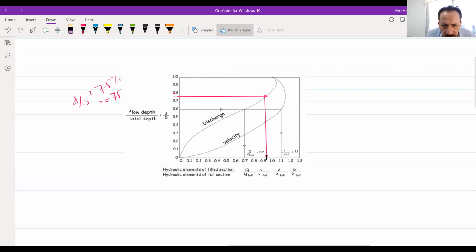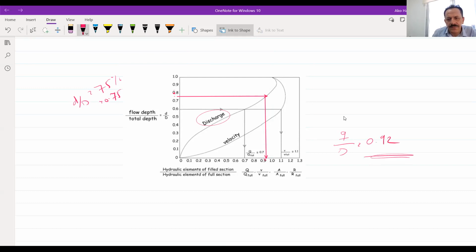So how much will the value be? It will be about, because I'm using the curve of d, so this value will represent the small q over capital Q, which will be about 0.9 something, 0.92.